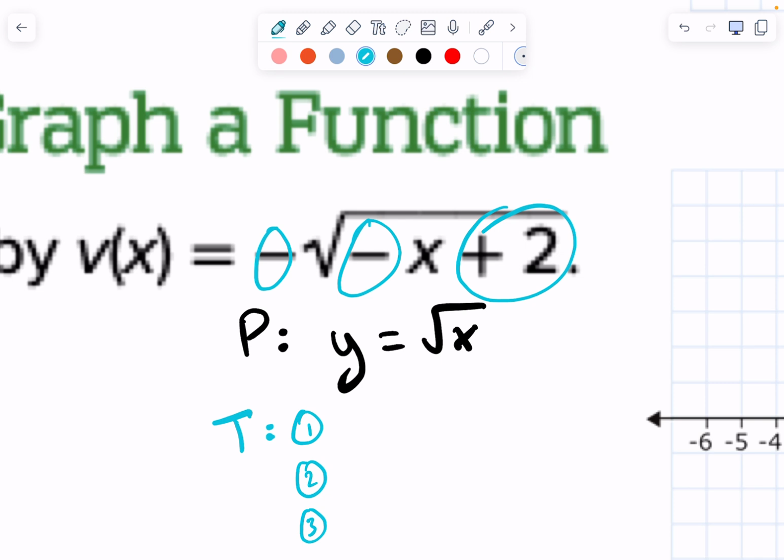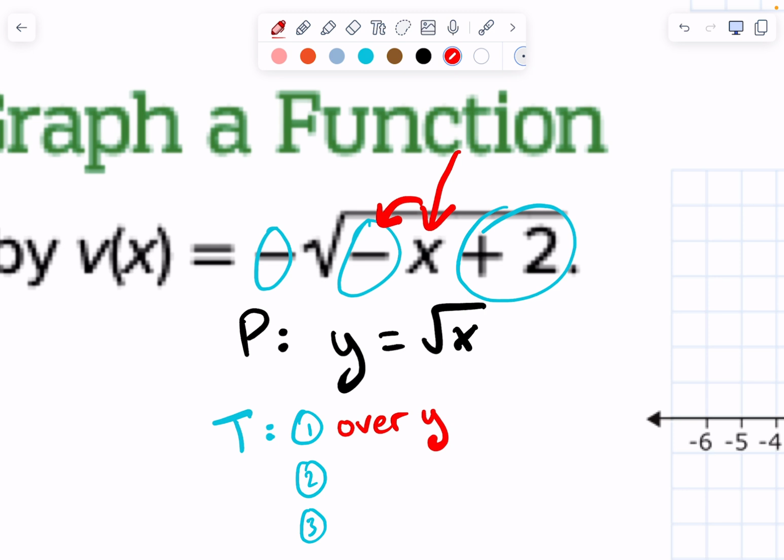Now we have to figure out what order they're going to go in. So if I plug a number in for x, which thing would you apply first? Then this negative right here, right? And that negative tells you that you are going over the y-axis. The negative that's inside the square root is over the y.